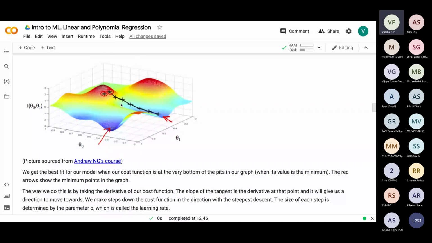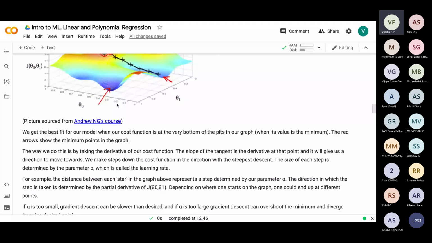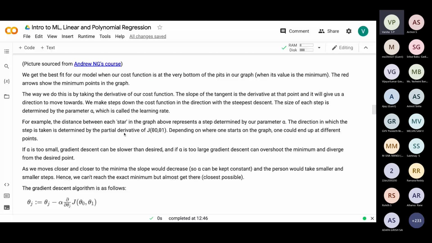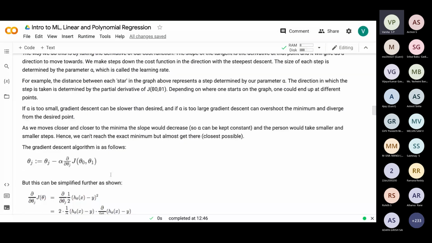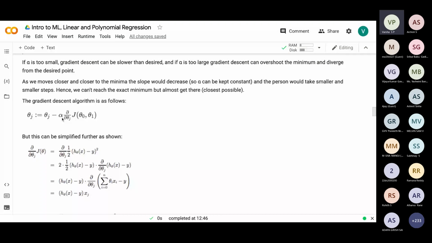So you'll have to be careful with the value of alpha, which you'll find out later how to find. Yeah, so this is the equation.